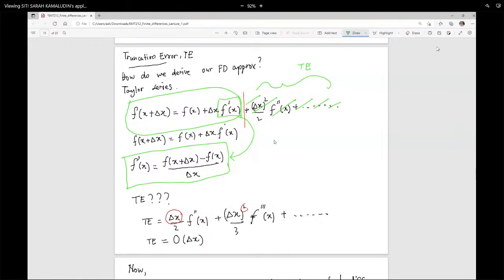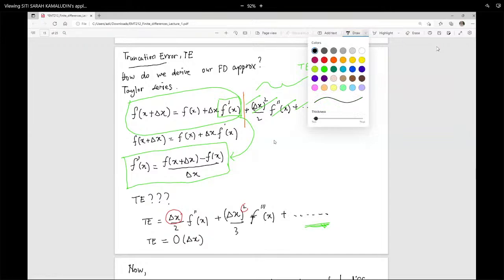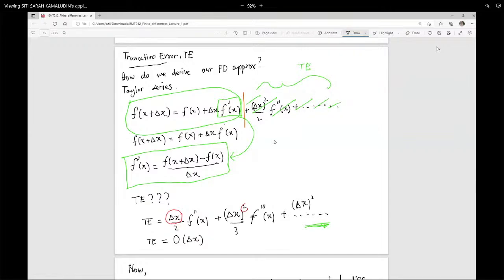And since the lowest order of our error is delta x, and then higher, delta x squared and so on, we take that the truncation error is of order delta x, because usually in numerical methods delta x is smaller than 1.